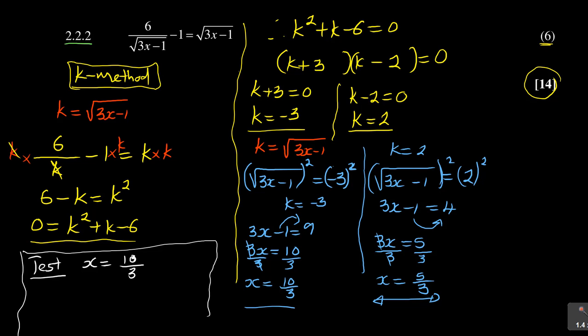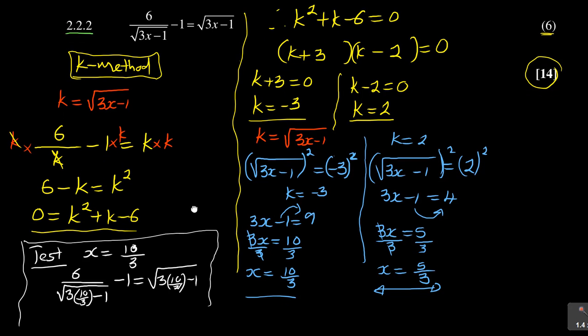So whenever there is x, what you're going to do is, like you're saying here, 6 over square root of 3 times 10 over 3, minus 1, is equal to square root of 3 times 10 over 3, minus 1. So you see what I'm doing?